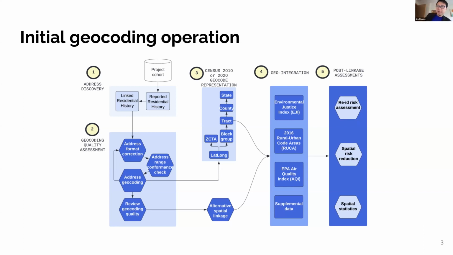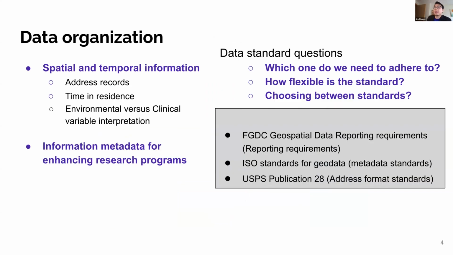Initially I had this diagram out because of address standardization, so this is that address format correction, range conformance check, geocoding. The operation was a bit of an iterative loop, but address standardization was part of this and initiated through this into geocoding. And that eventually led us to ask, how does data get stored?